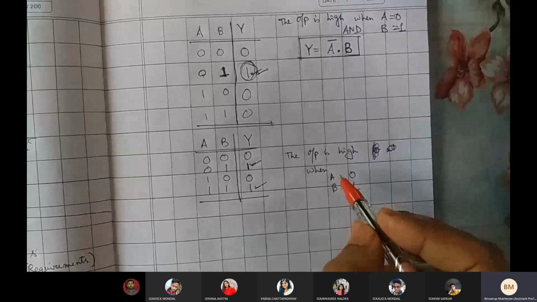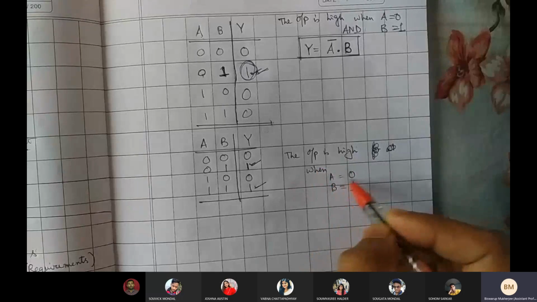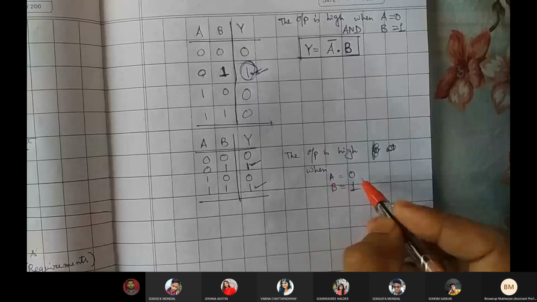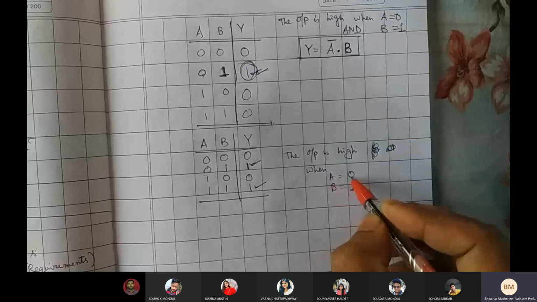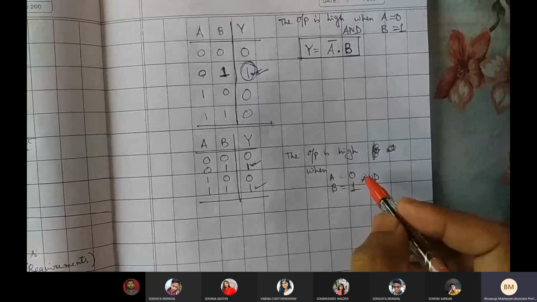Or instead of when, we can also write if A value equal to 0, B value equal to 1, then the output is high.